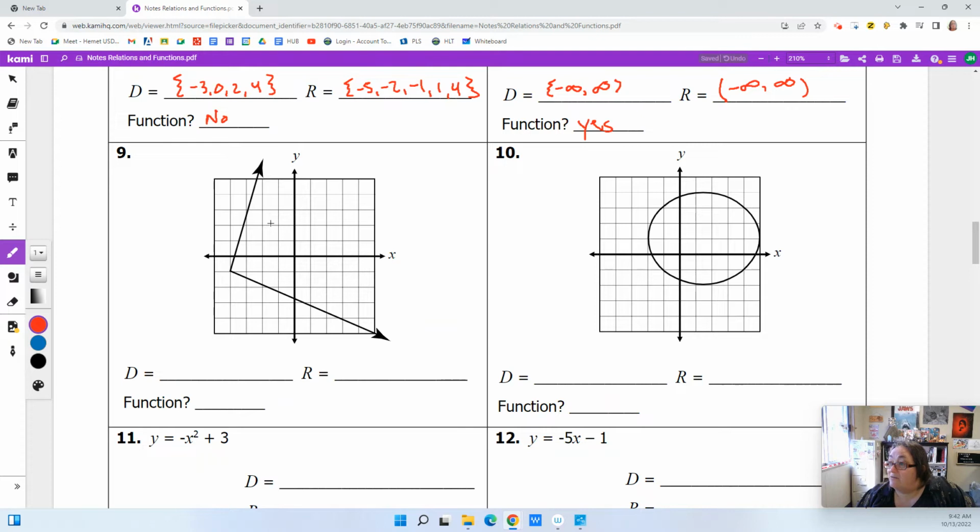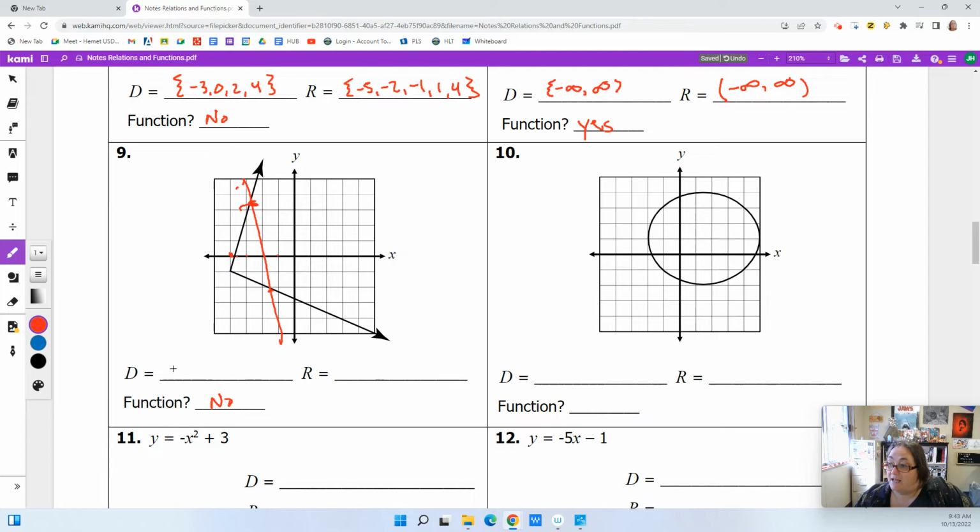Now, this we can look at and say right away, not a function. I could drop a vertical line there. It's going to cross at more than one point, right? So we know that's not a function. My domain, though, starts at 1, 2, 3, 4, 5. I can't have anything less than x is equal to 5, right?